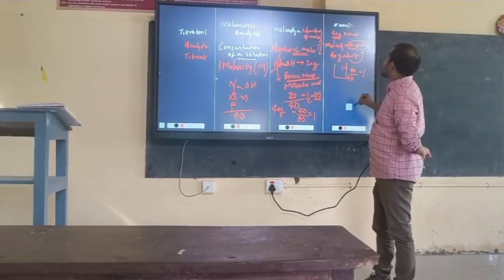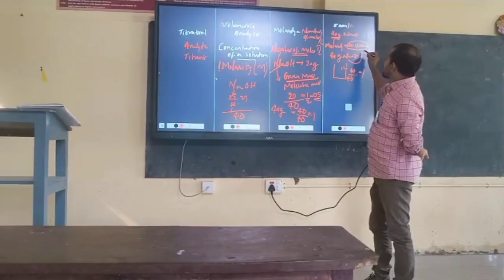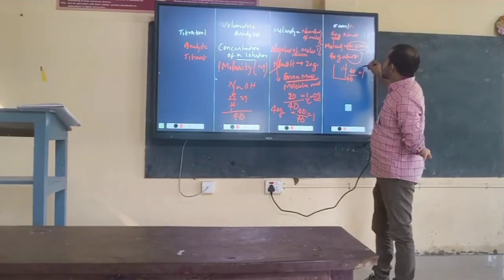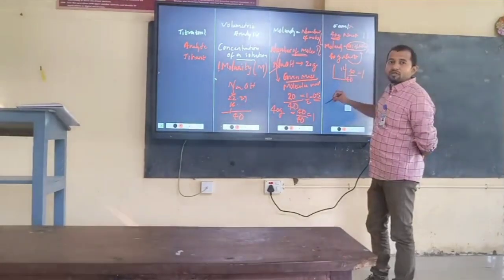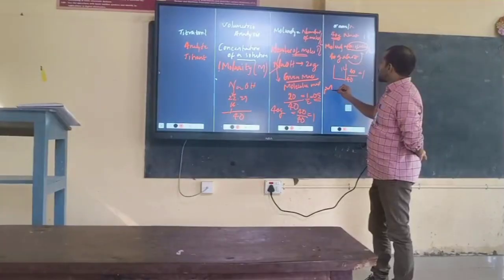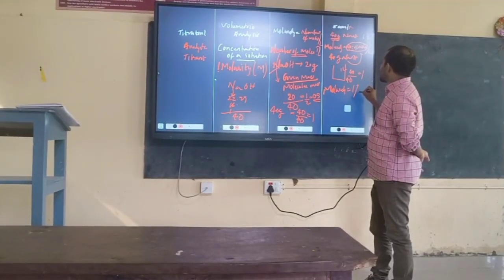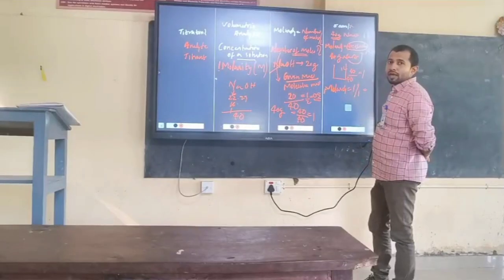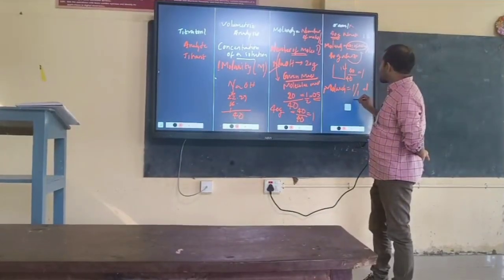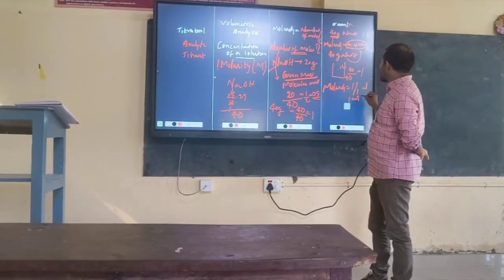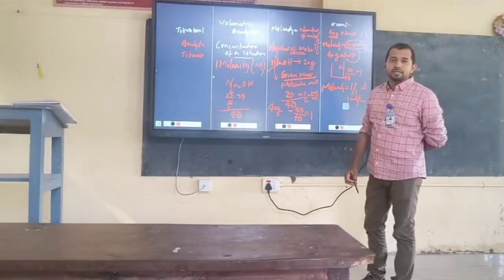So it is 1 mole. If you are dissolving this 40 gram of NaOH in 1 liter of water, based on this definition of molarity, it is 1 by 1 liter. So the molarity is 1, meaning 1 mole per liter.